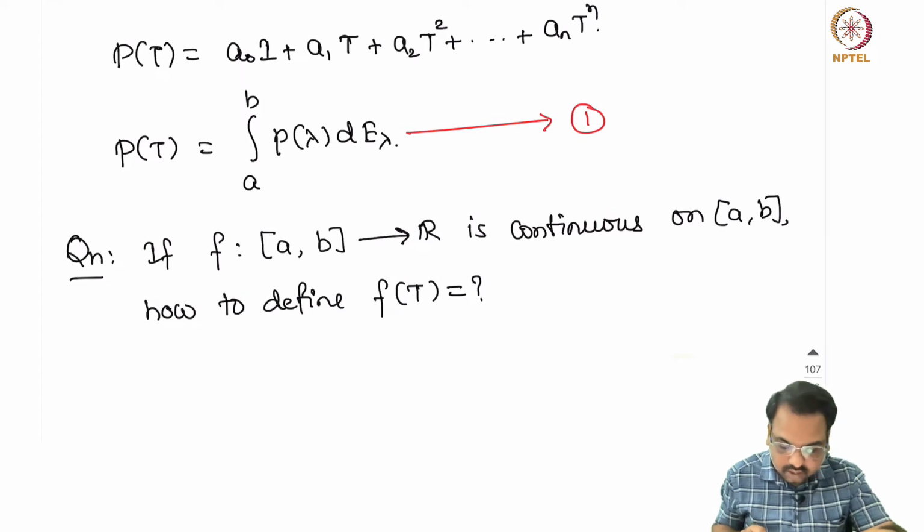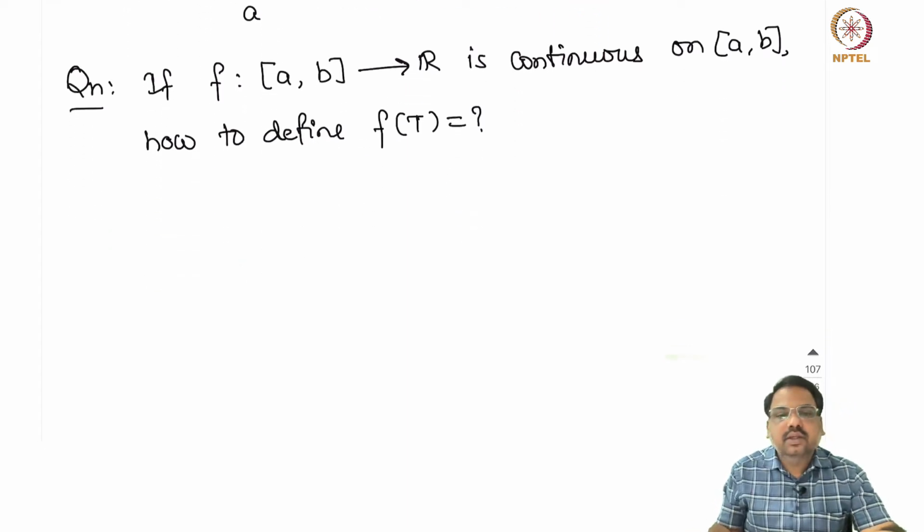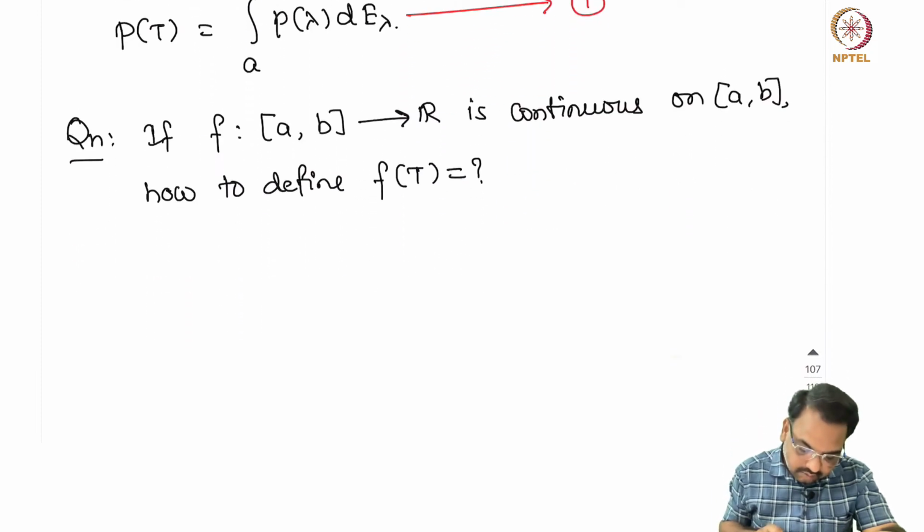This is what we want to look at. In fact, we will answer this question. One obvious choice is that we can approximate f by a sequence of polynomials uniformly. Now we know how to define a polynomial of a self-adjoint operator. Using that, we will try to define what is f of T.